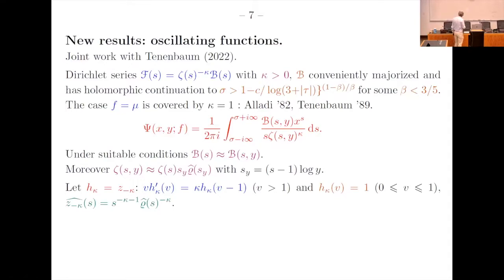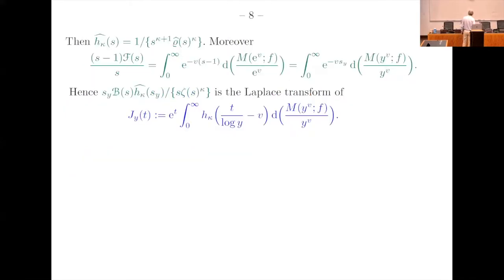And we have this relation between the Laplace transforms. So if you remember, the Laplace transform of rho is asymptotic to 1 over s. So this part is asymptotic to 1 over s. So it's a function, you can define it.